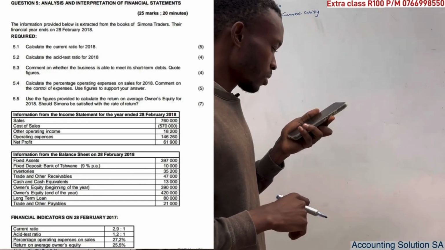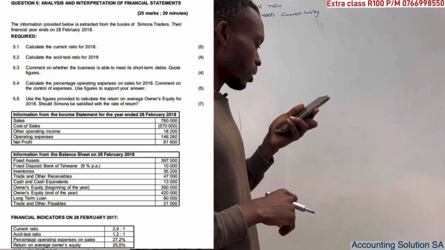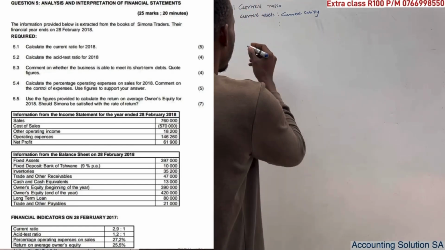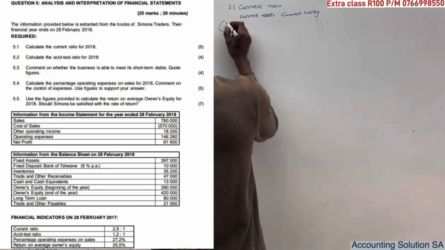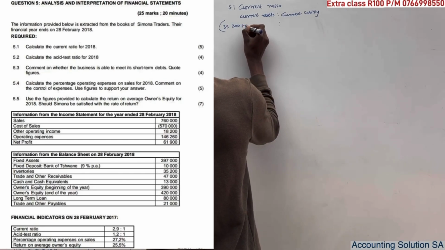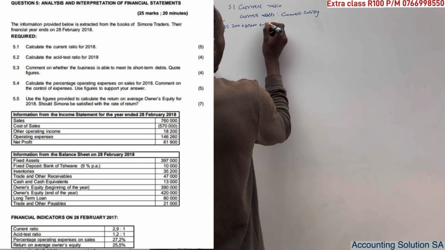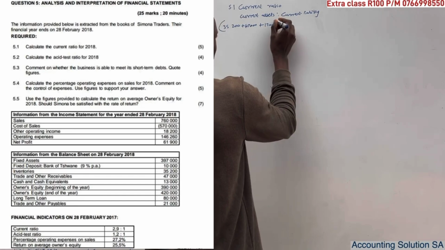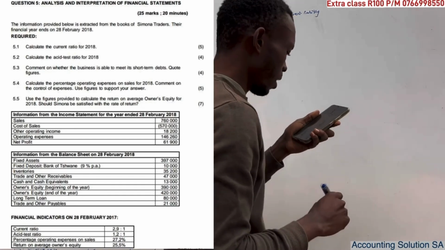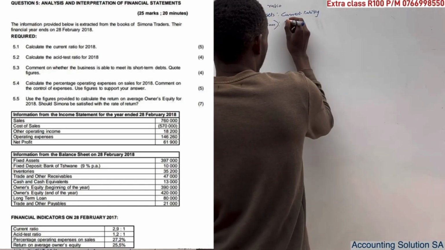The current items we have are inventory, trade and other receivables, and cash equivalents. We have to add the three of them. We're going to add 35,200 plus 47,000 plus 13,000. After that, the current liability we only have one, which is trade and other payables of 21,000.